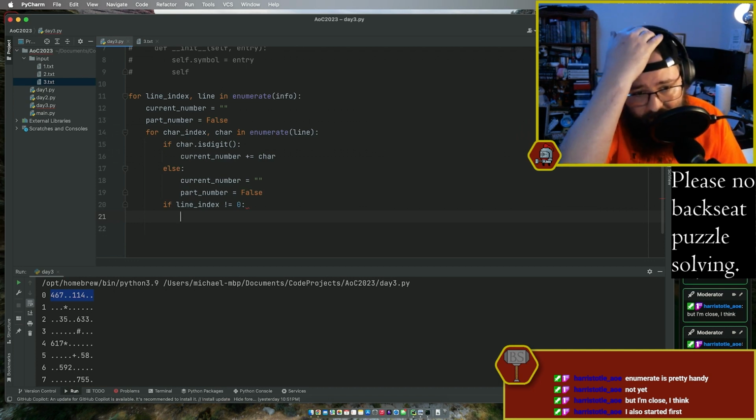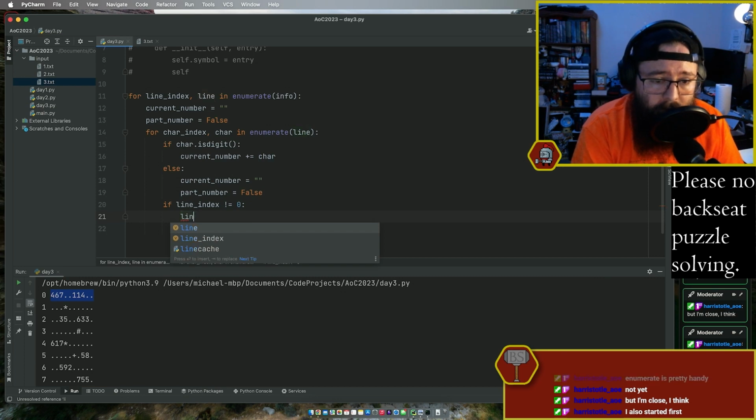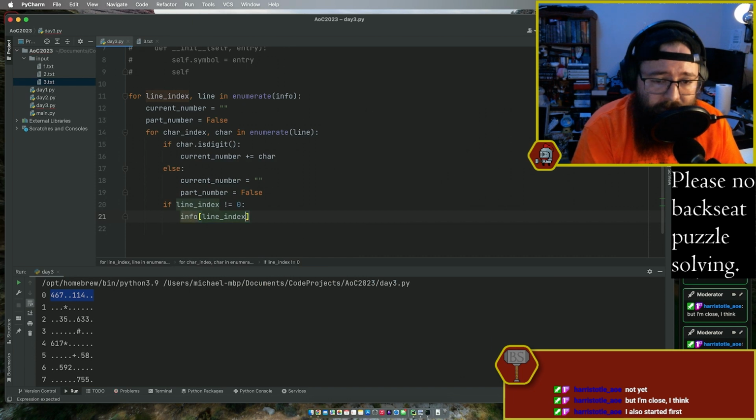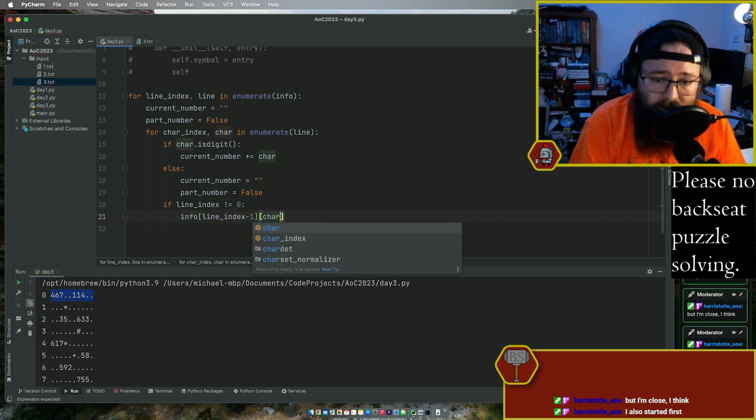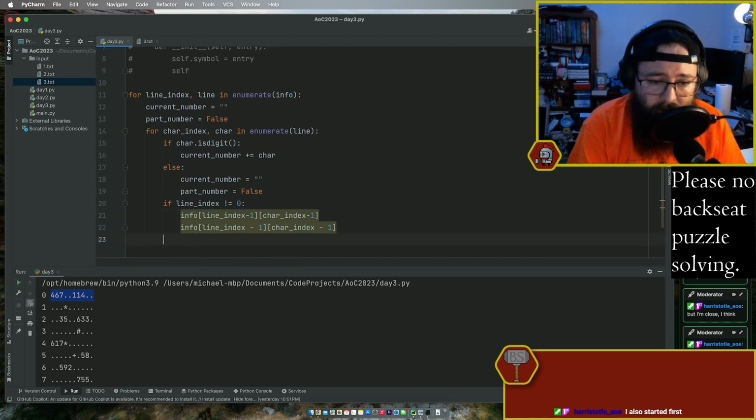So we want to look at info at line index minus 1. So this is the line above, and we want to look at character index minus 1, character index itself, and character index plus 1.